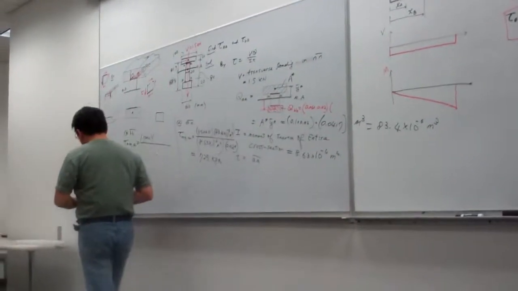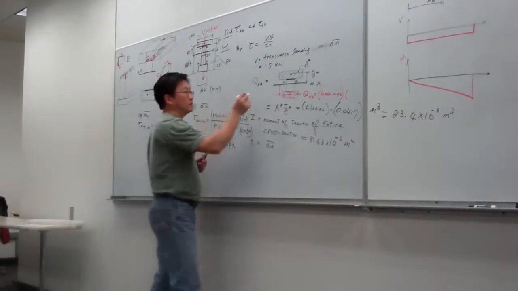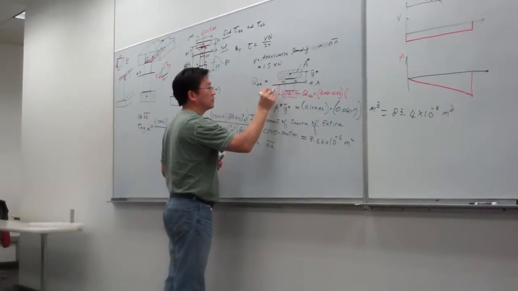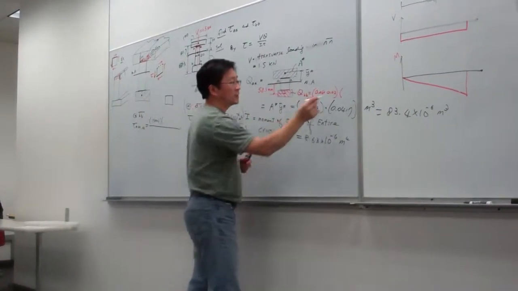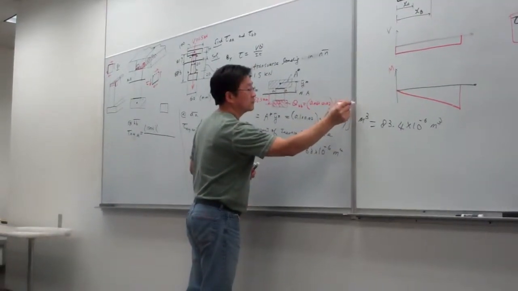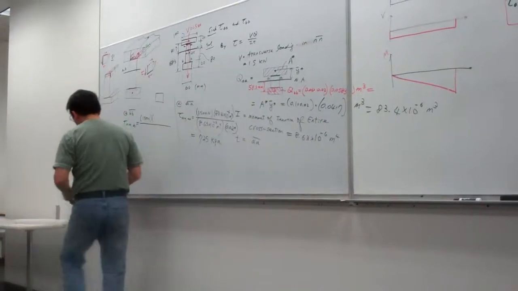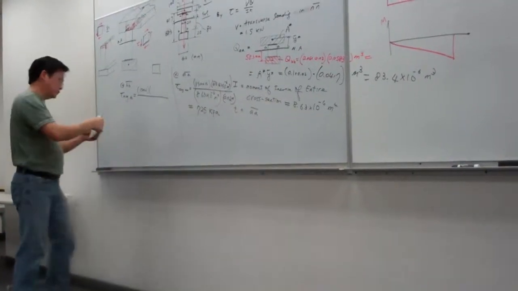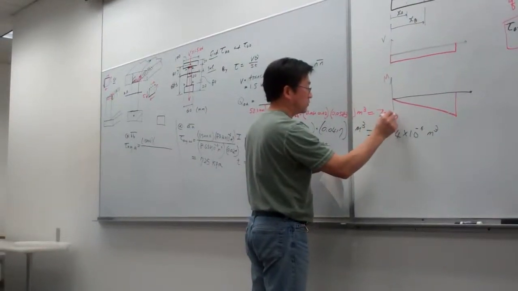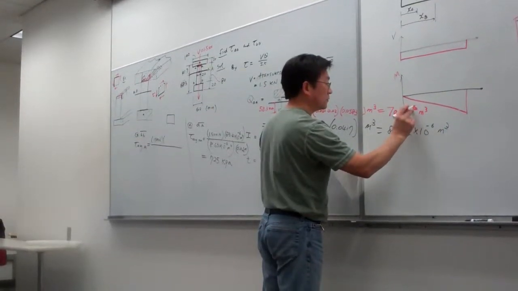That one is 58.3 millimeters, so that is 0.0583 meter. So for this one the number is 70 times 10 to the minus 6 meter cubed.